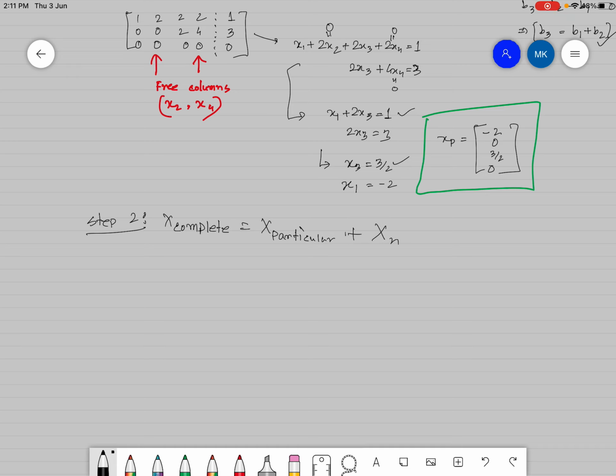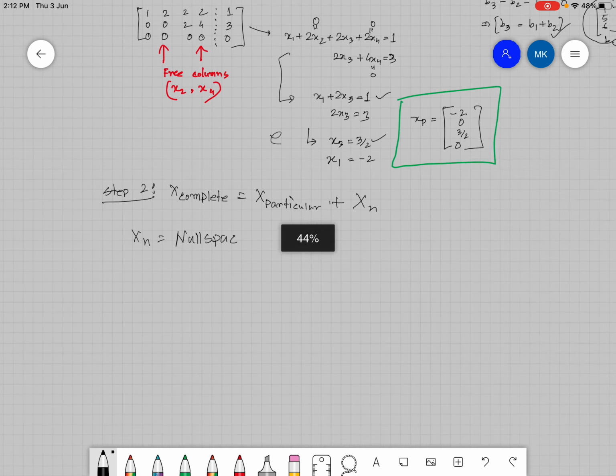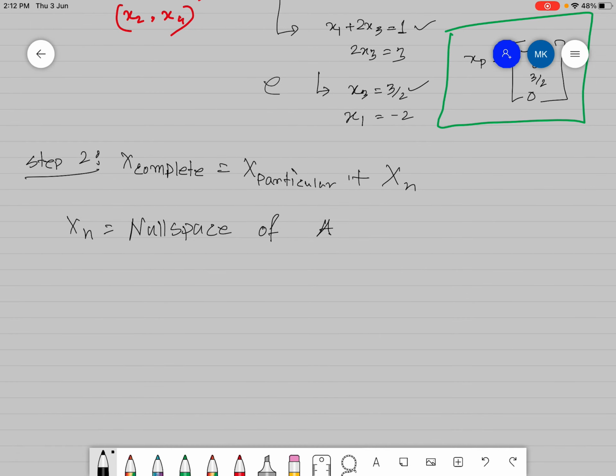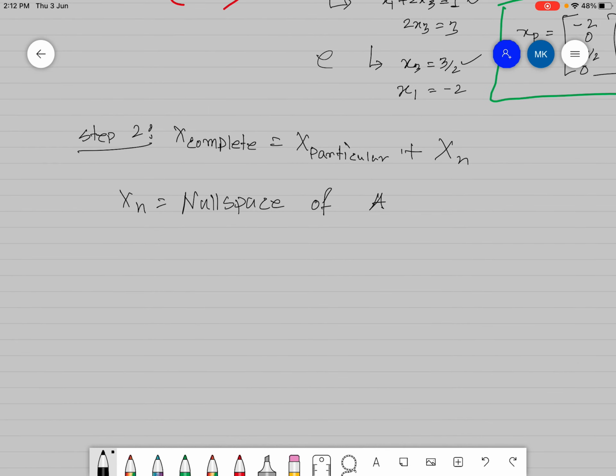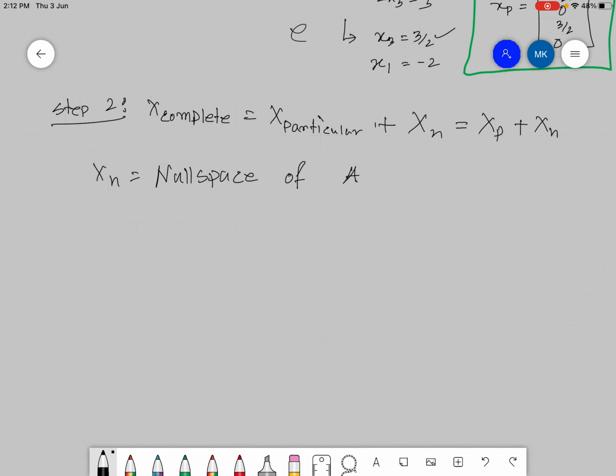Now this xn is basically the null space of A. Okay, so what is the logic behind this? The logic is, x complete is basically x particular plus the null space.